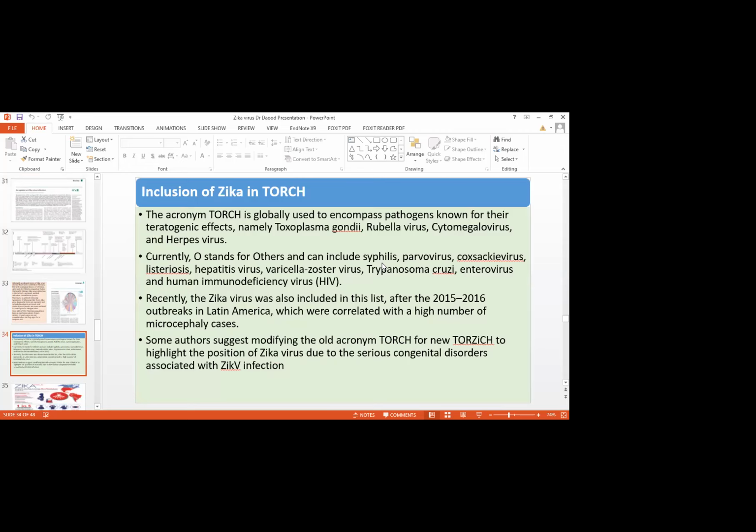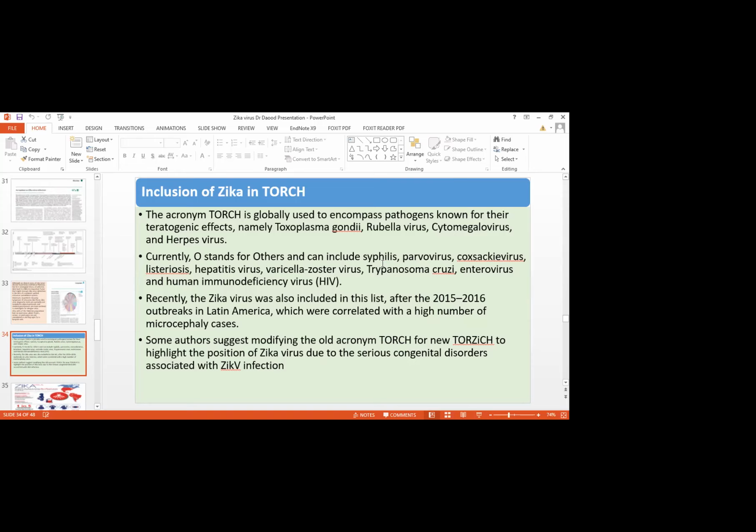Zika virus has been included in TORCH, which is globally used to encompass diseases like Toxoplasma gondii, rubella, cytomegalovirus, and herpes virus. Currently, O stands for others and can include syphilis, parvovirus, Coxiella, listeria, hepatitis virus, varicella zoster, Trypanosoma cruzi, enterovirus, and human immunodeficiency virus.